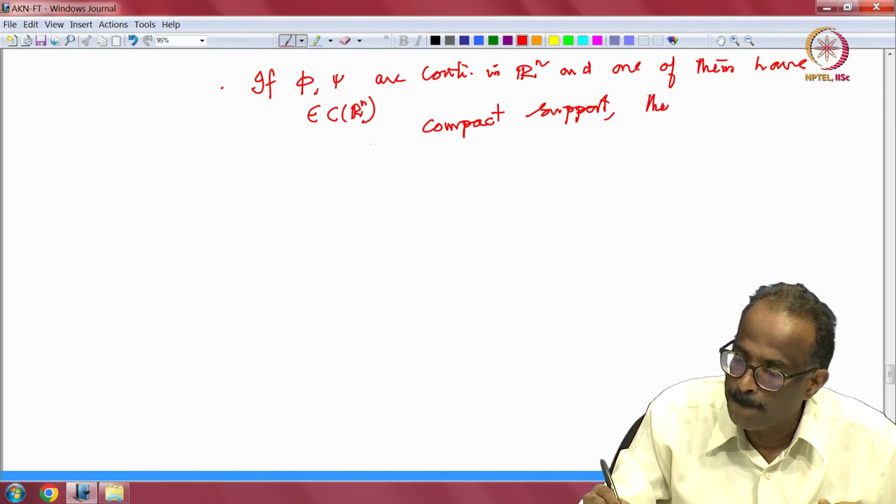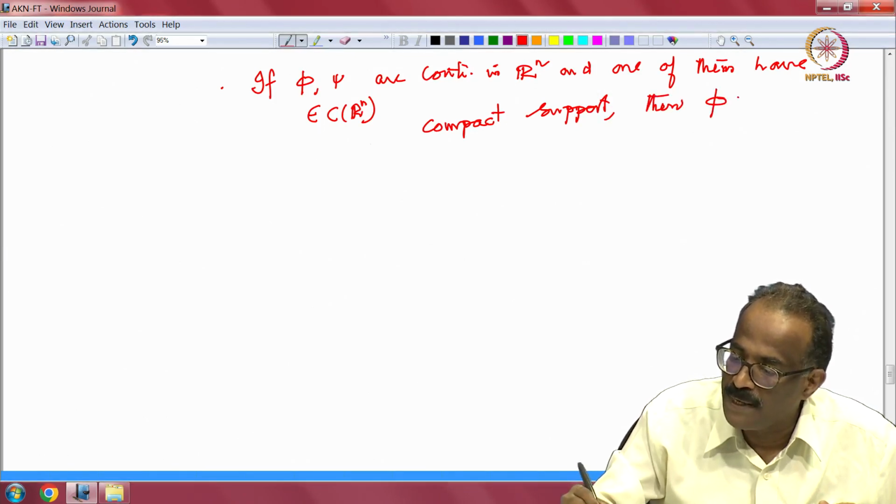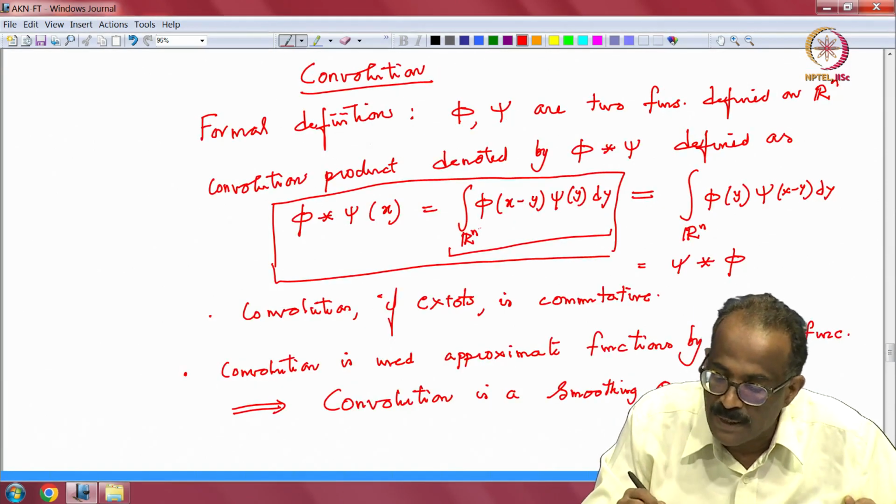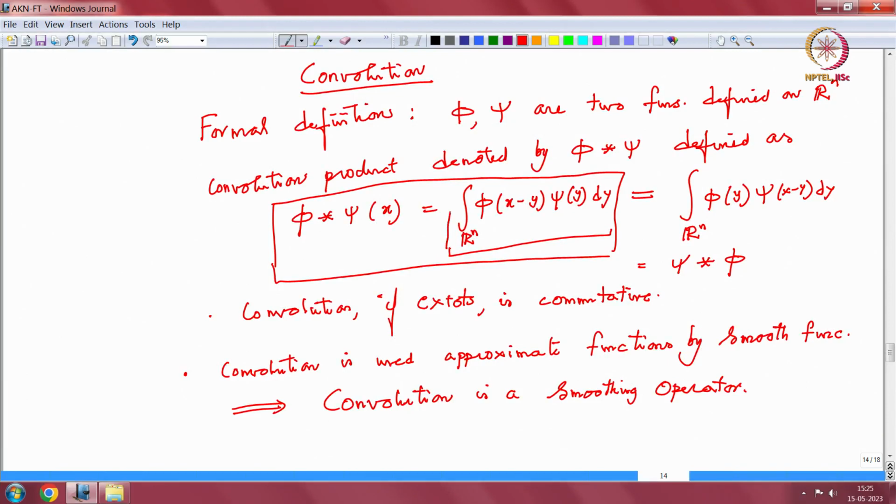Then phi star of psi is well defined. That is immediate, because if you go back and see this one, if one of them has compact support, both integrations are on a compact set, and phi and psi are continuous, so the product is a continuous function and your integral is finite, and phi star psi is well defined.